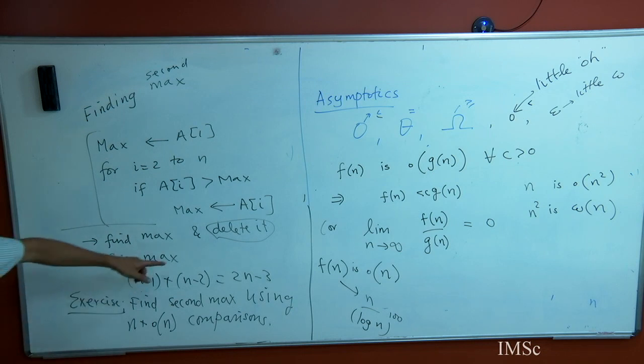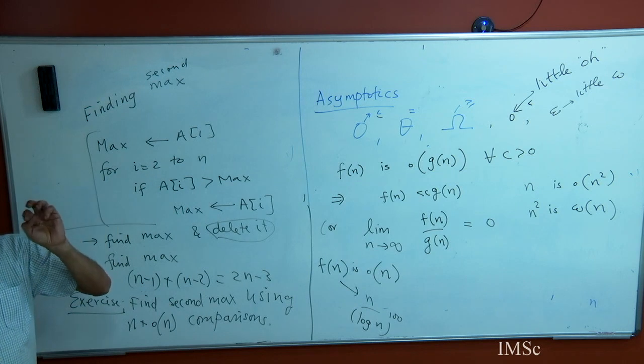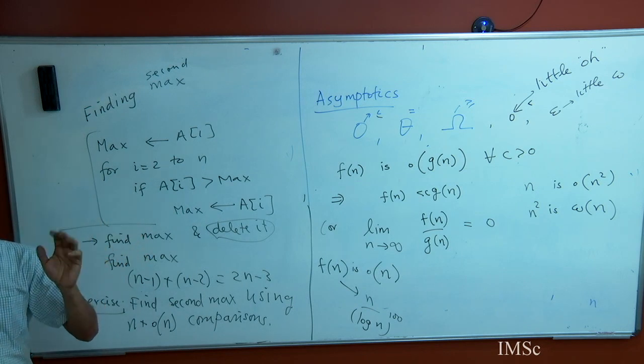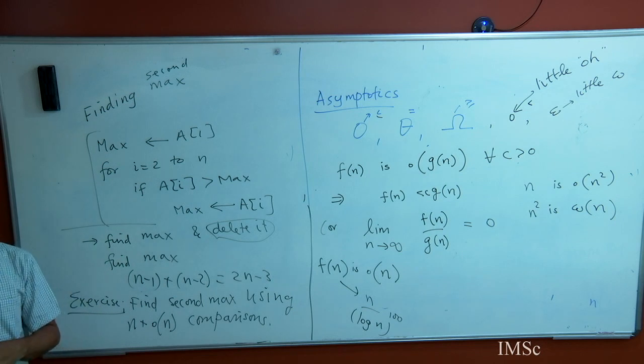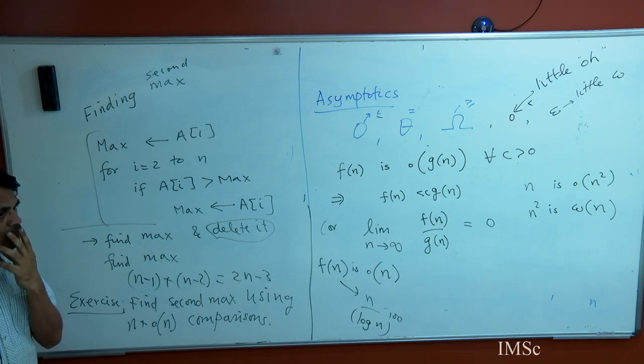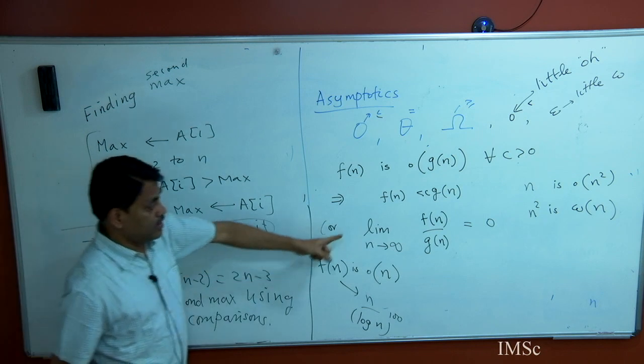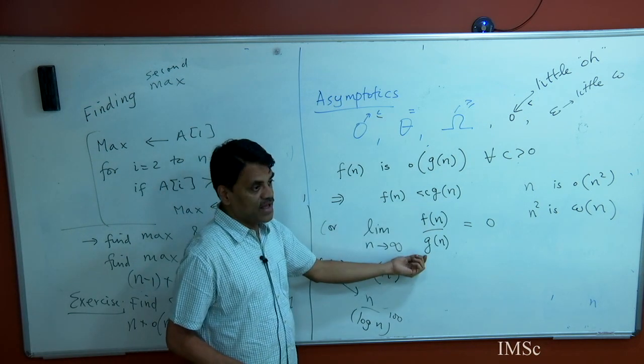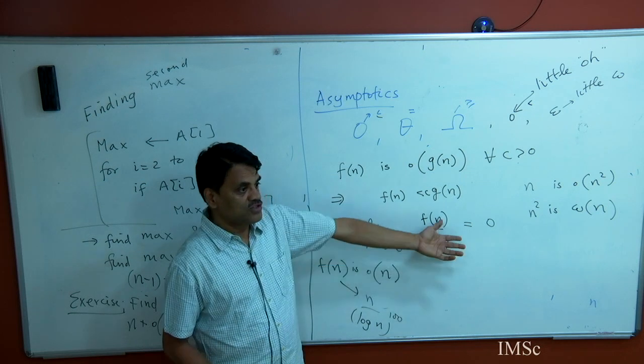Because this 2n minus 3 is n plus n minus 3, which is not little o of n. Is that clear? This is what little o means. If you put n minus 3 and n here, the limit is not 0.